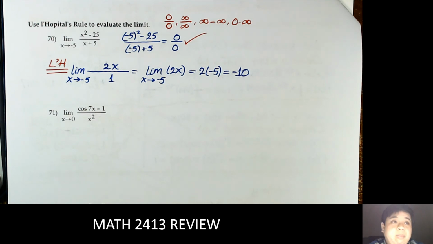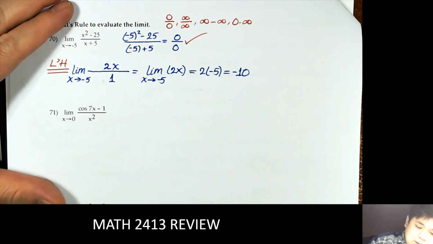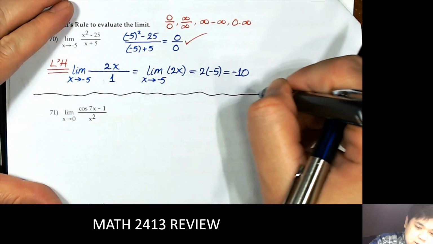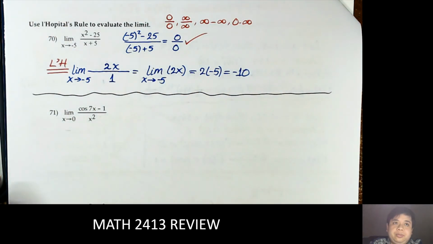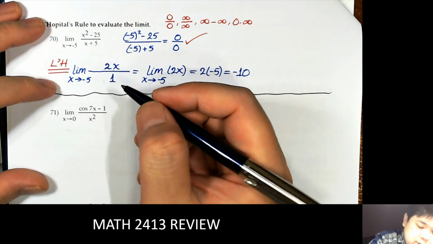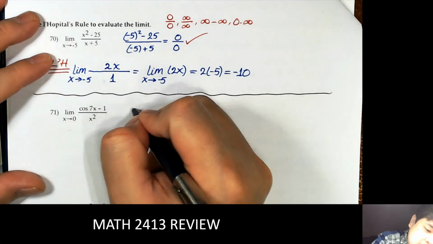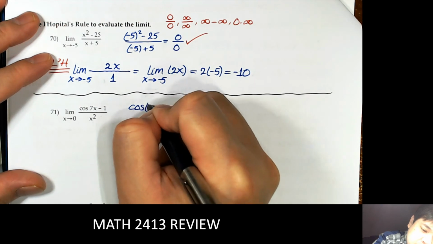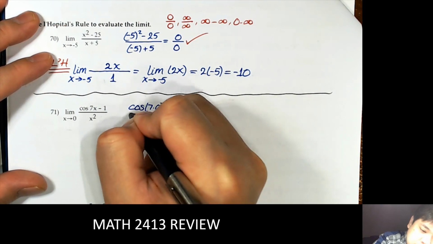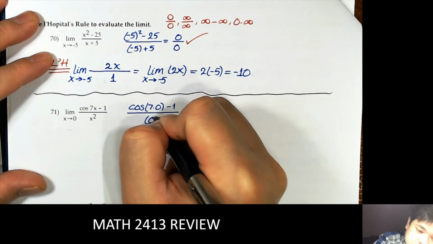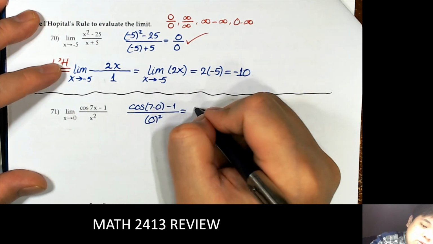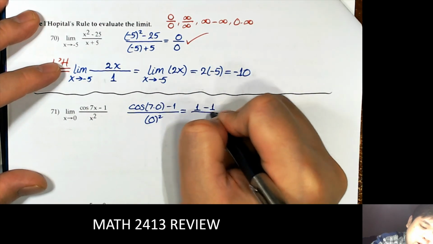Next we do the same thing. We'll put 0 in for x. Cosine of 0 is 1, minus 1.